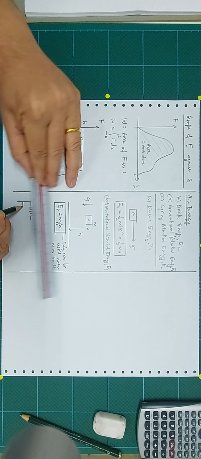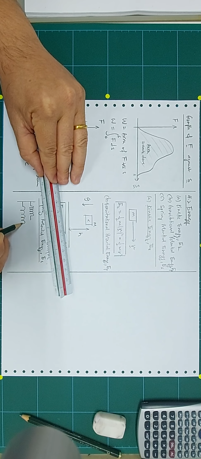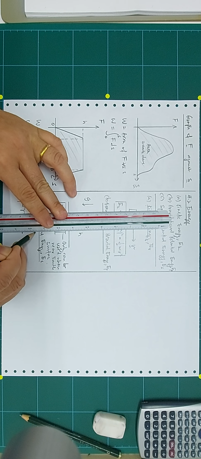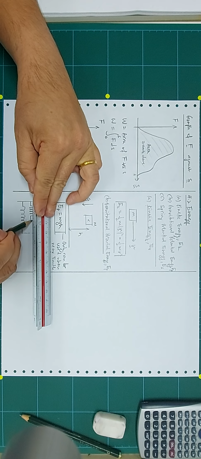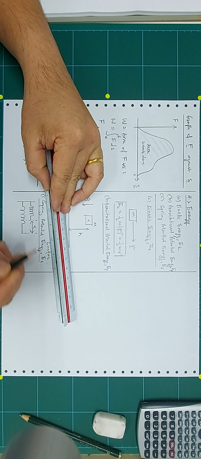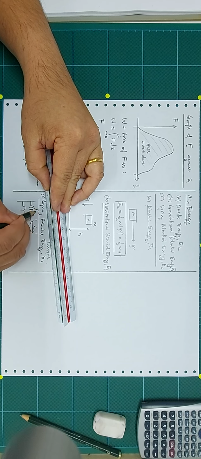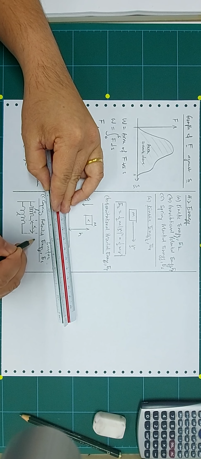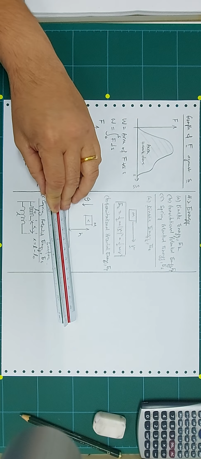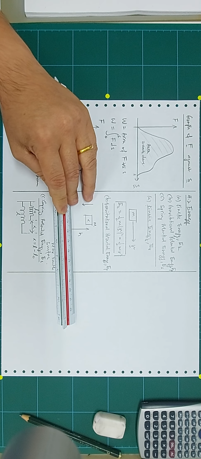Then you pull the spring to a new length like that. Now there is a change in displacement of the spring. So this is the x. If this is the original length and this is the new length, so your x will become new length minus original length. Right? New length minus original length.